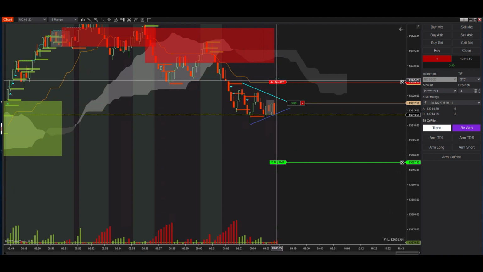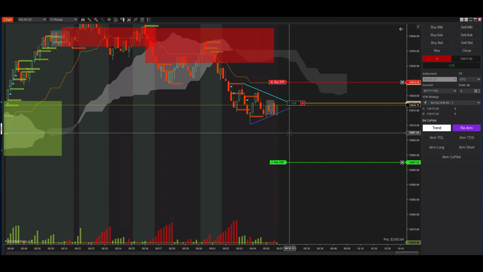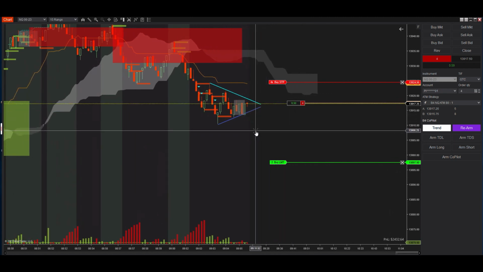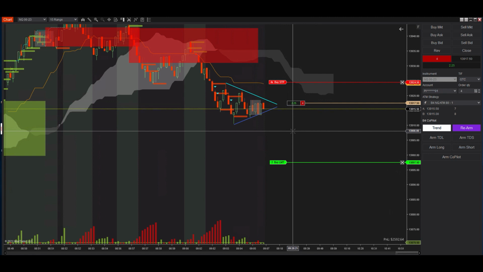Let's see if it's going to hold. There we go. We're squeezing in right there. Again, that B4 squeeze indicator is saving the day. It really gives us extra guidance here so we can hold on to these trades.